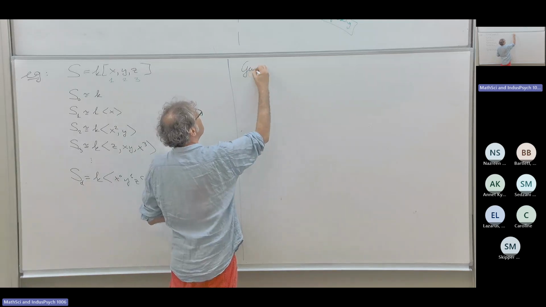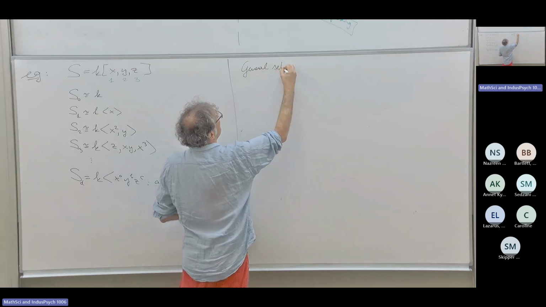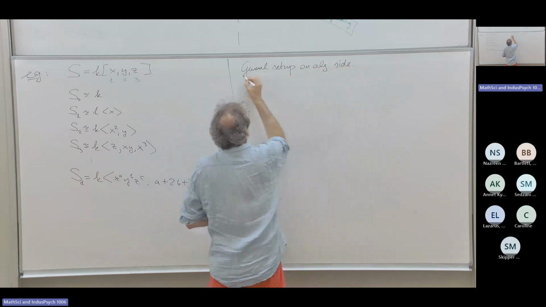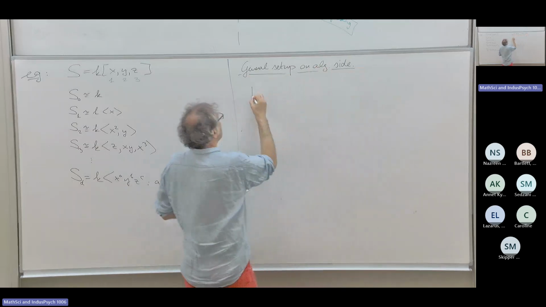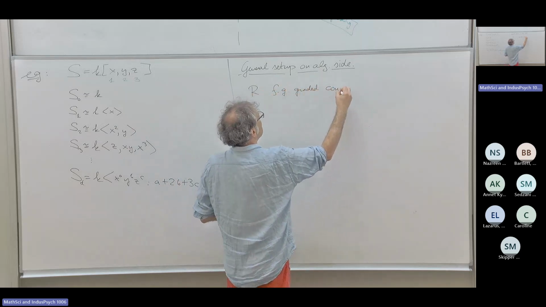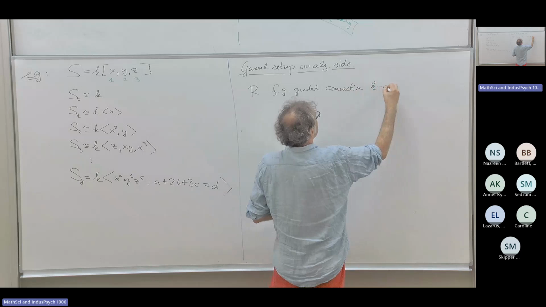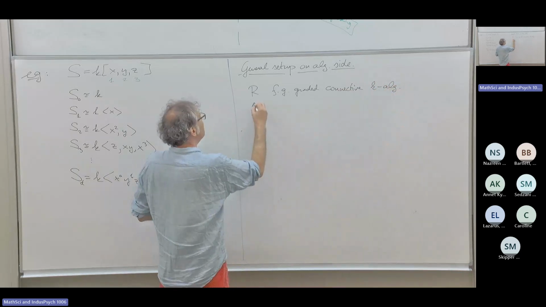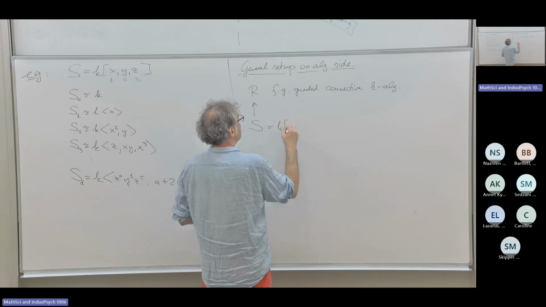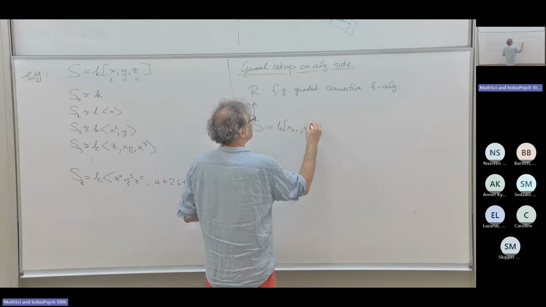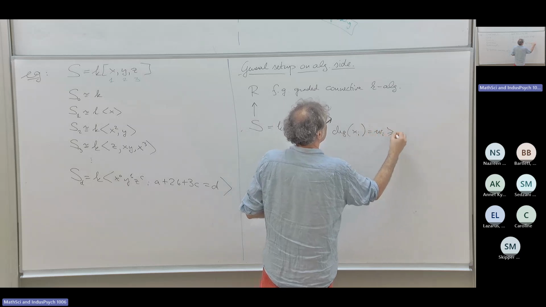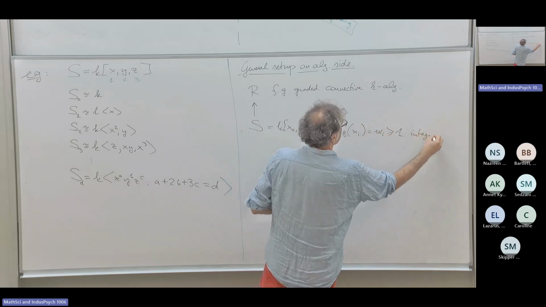So the general setup on the algebraic side is going to be a finitely generated graded connective K algebra, which I'm going to represent as a quotient of a free graded algebra where the degree of x_i is w_i, a positive integer.